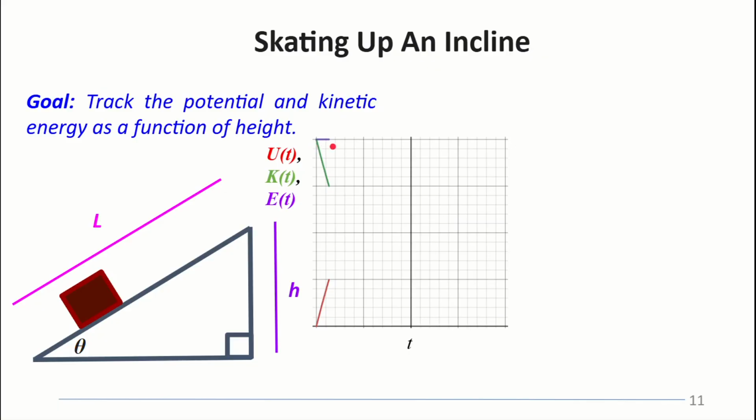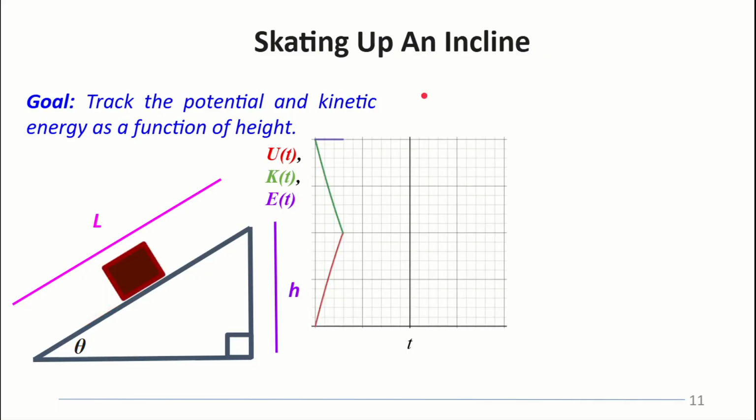This is under the assumption that we have a box that's moving up the incline with some initial speed. Let's call the initial speed v in this case. And then we have our total energy up here, represented by purple. If we take a look at this as time progresses, we'll see that our potential energy increases, and our kinetic energy decreases.